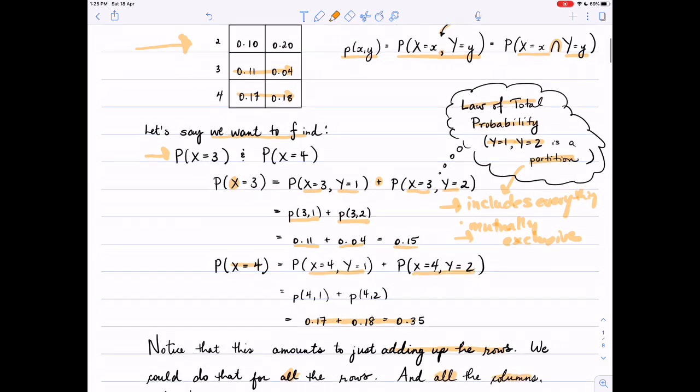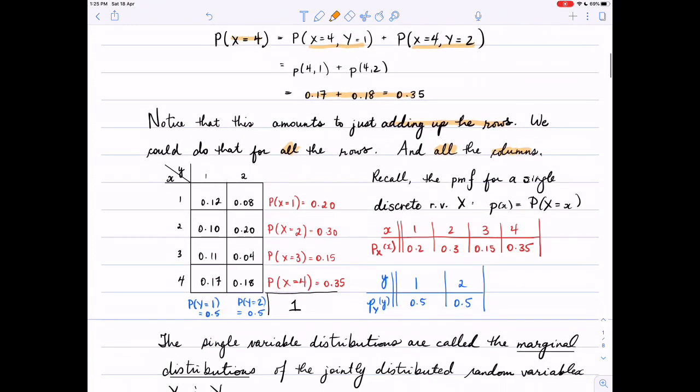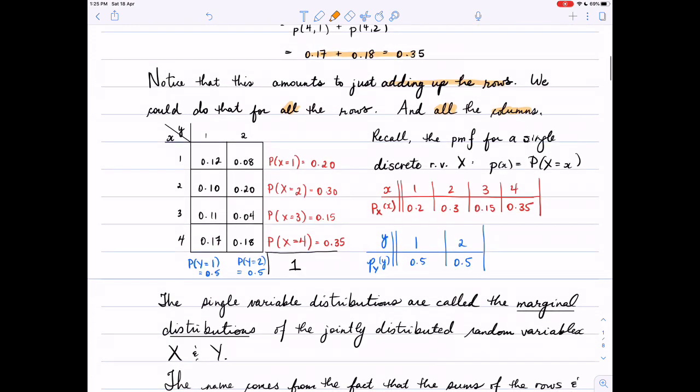And so that's what I've gone and done here. I've added up each row and each column. So adding up the row of X equals 1 gives me the probability that X equals 1. Same thing with X equals 2 and X equals 3 and X equals 4. We'd done previously. Adding up those rows gave me the probability for each value of X.